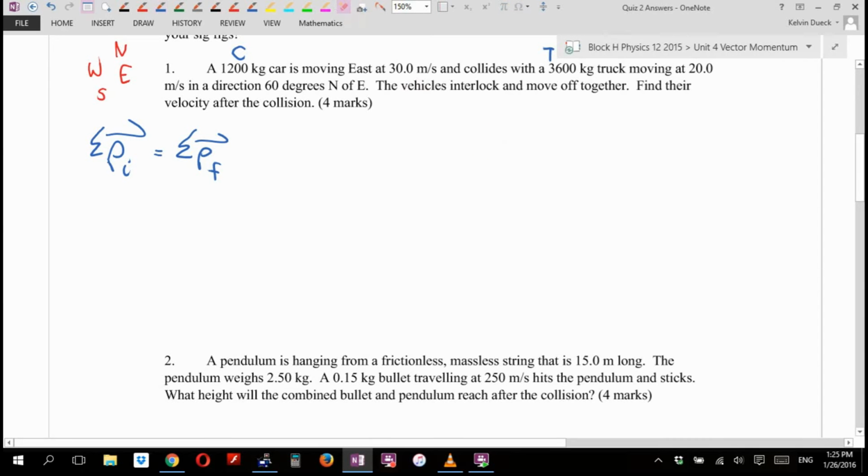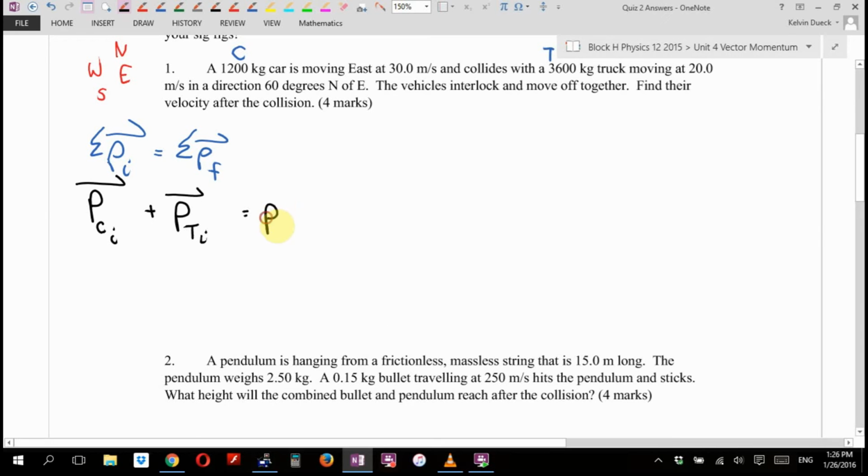I think both. Yes? Stuck together or separate? Before the collision. Separate. Momentum car initial. Momentum truck initial. Wham! They collide. After the collision, I think both are moving stuck together.